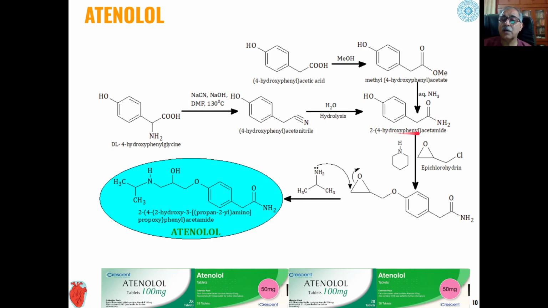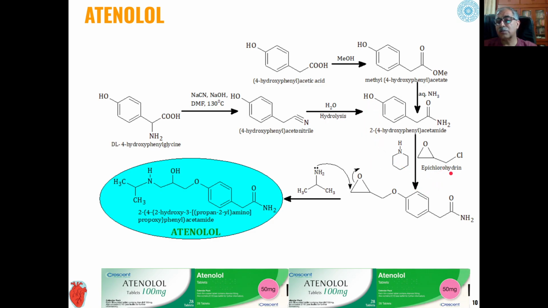And then this amide derivative reacts with epichlorohydrin in the presence of piperidine as the base. So this will help in the base catalyzed reaction of addition. This phenolic OH will act as an acidic hydrogen, and this will lead to nucleophilic substitution reaction at this carbon.